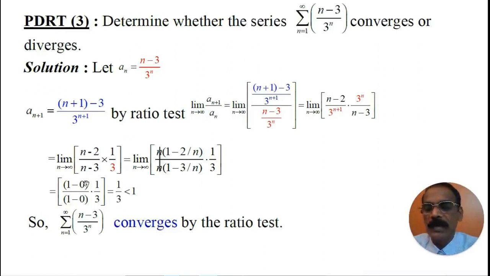That is 1 into 1 by 3, which is 1 by 3. 1 by 3 is less than 1. That is, the limit is less than 1. Therefore, according to D'Alembert's ratio test, when the limit is less than 1, the given series must converge. Therefore, the given series converges by the ratio test.